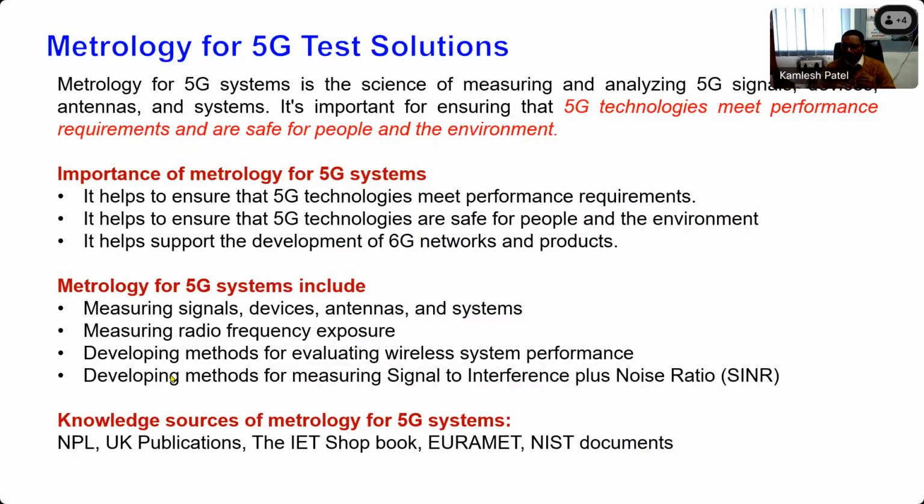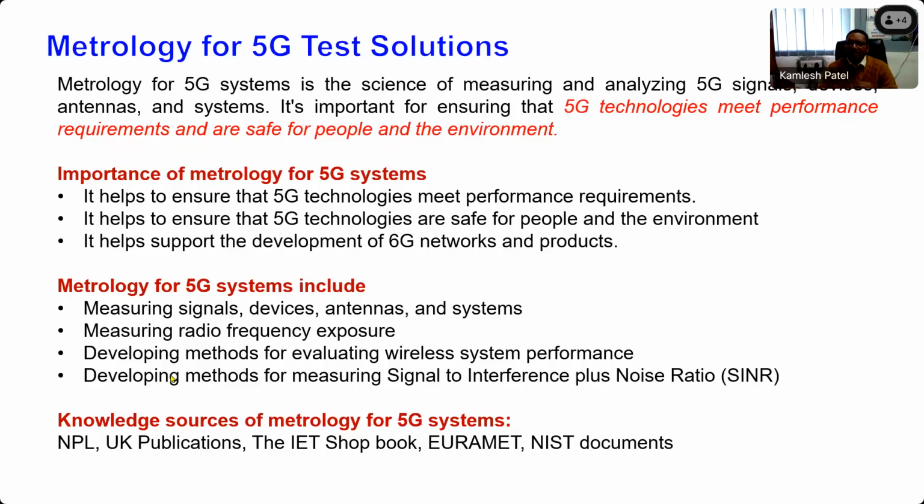So it is important that whichever companies are developing products for 5G technology must meet performance according to the metrology requirements, and these new 5G products should be sufficiently safe for people as well as the environment. So these are two important things which have to be offered to the companies producing 5G products, that we have a proper measurement system. All the components should have a safe and reliable range of limits, so they do not harm any people or our natural environment.